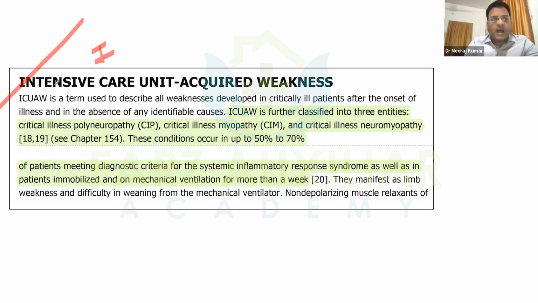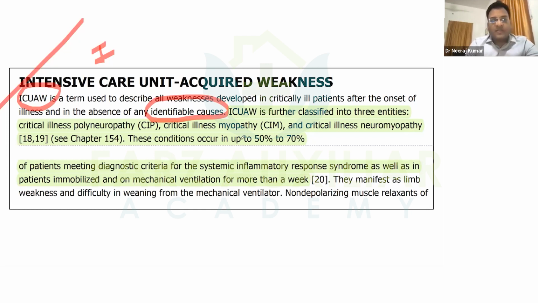So here, now see how ICU-associated weakness is defined. This term describes the weakness developed in critically ill patients after the onset of illness and in the absence of some identifiable cause. I will talk about the identifiable cause later on, but before that, you understand these have 3 clinical entities: CIP, CIM, as well as critical illness neuromyopathy.